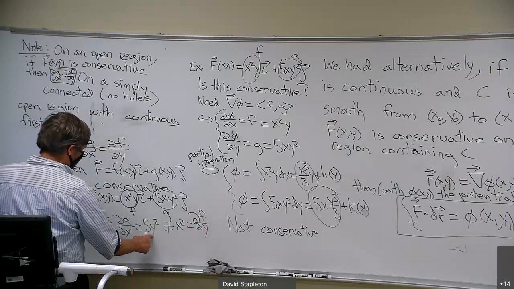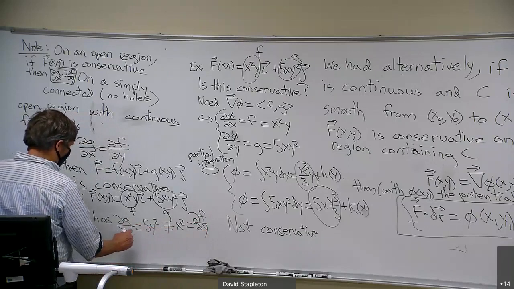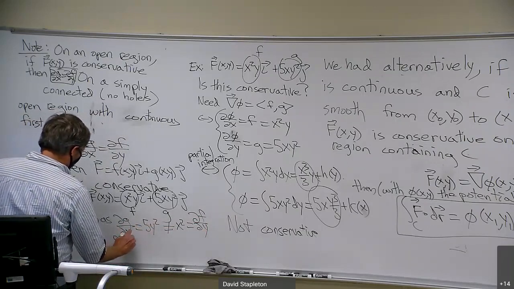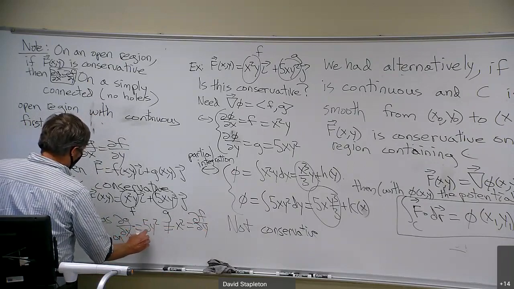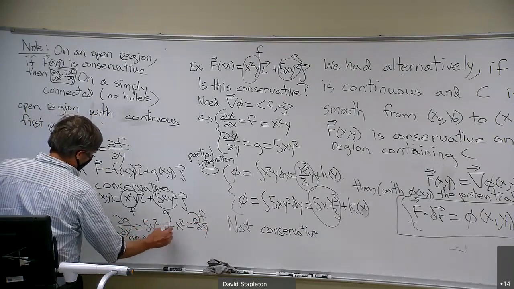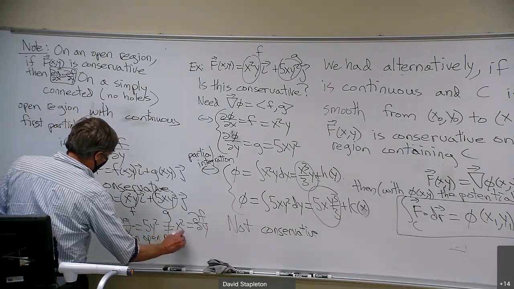A curve like x equals 1 over square root of 5y might make it work, but it is not equal on any open region, meaning any curve C. So it's not conservative.